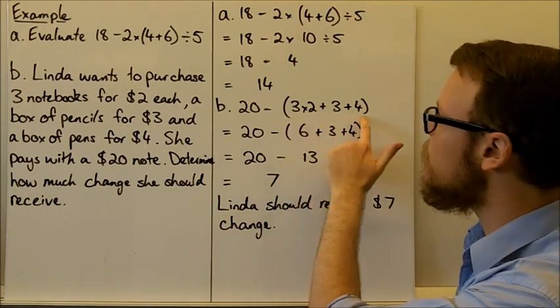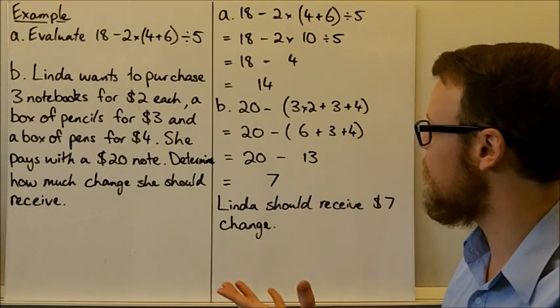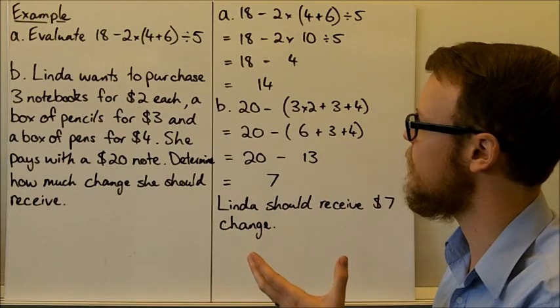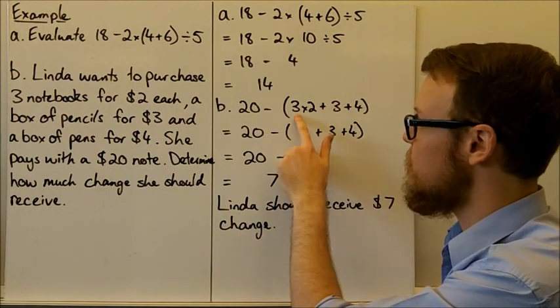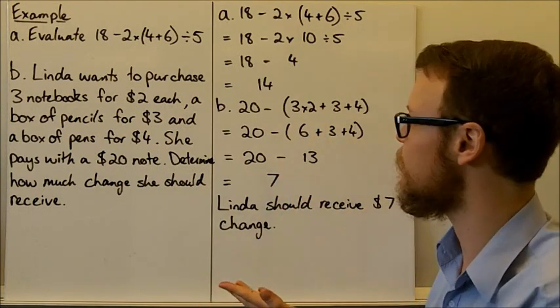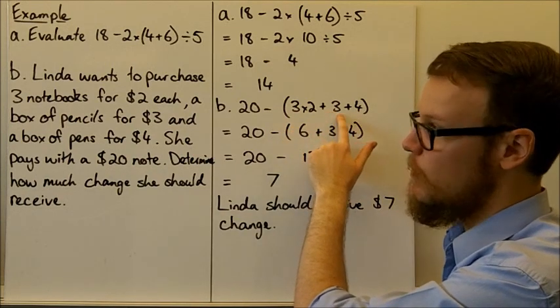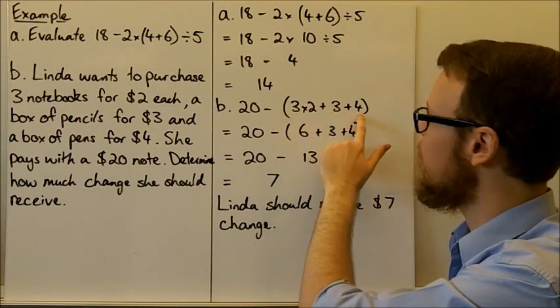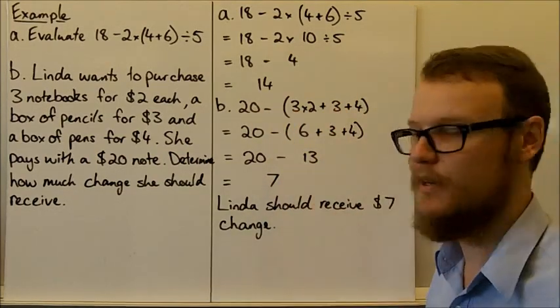Here we're going to put our expression of adding up all the items that we're buying in brackets. I'm buying 3 lots of the $2 notebooks, so that's going to cost me 3 times $2. Then I'm adding the box of pencils for $3, and I'm adding the box of pens as well for $4. So that's going to be our total spend.